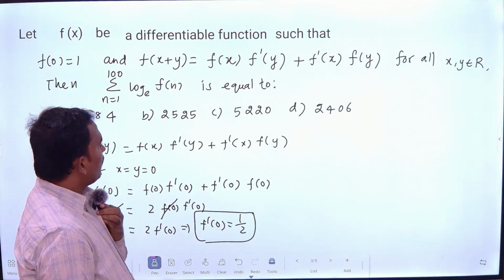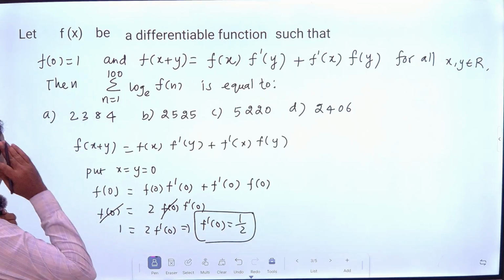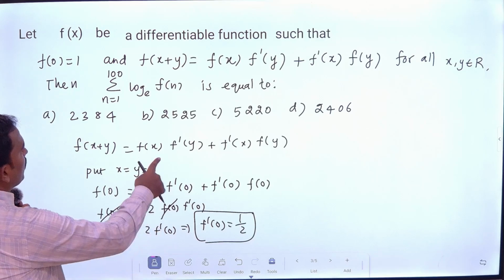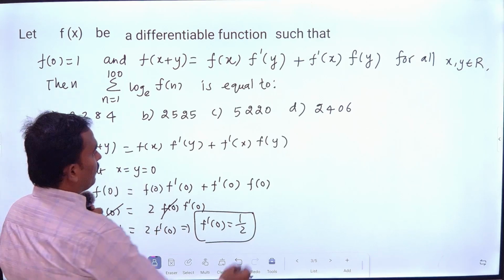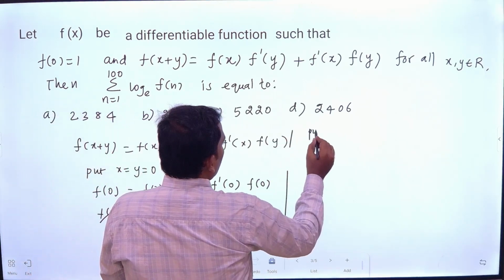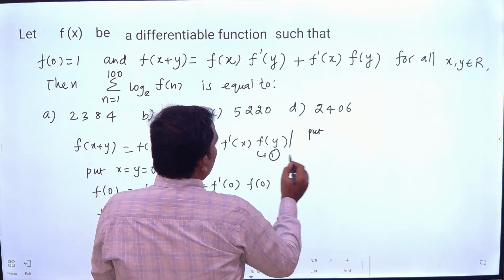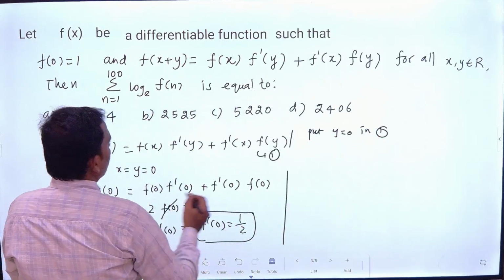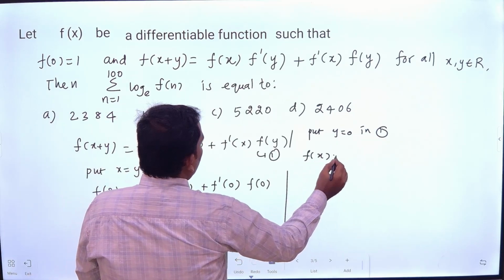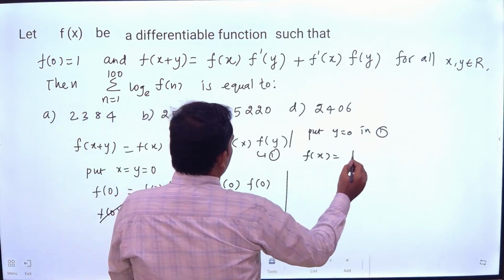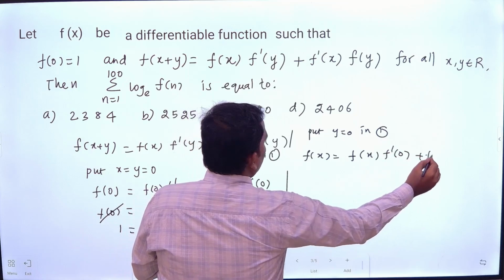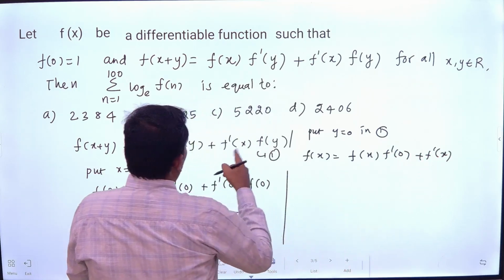The next thing is we need to find f of x. For that, in the same equation put y is equal to 0. Let's take this as 1. Put y is equal to 0 in 1. What will we get? F of x is equal to f of x, f dash of 0 plus f dash of x and f of y.